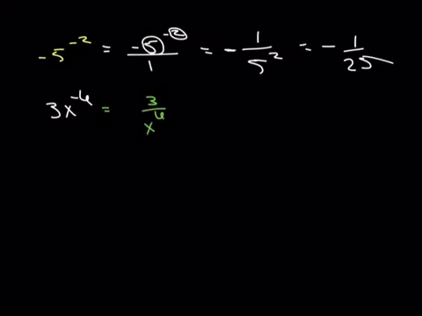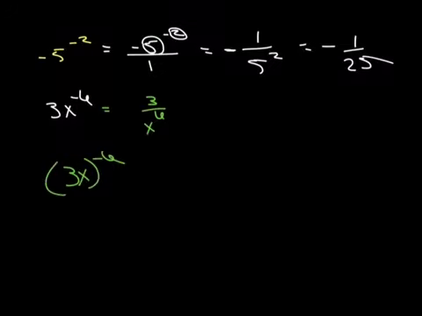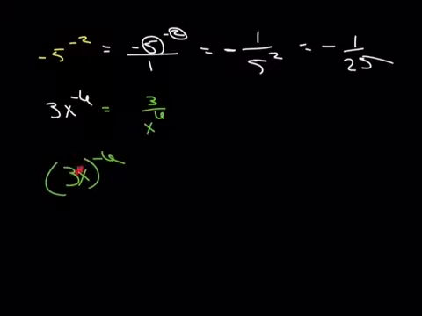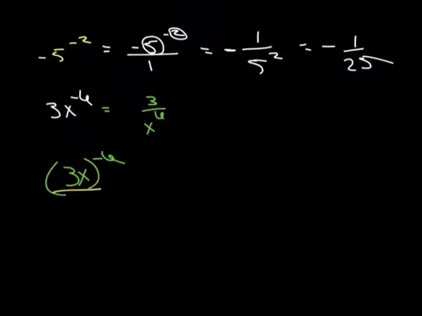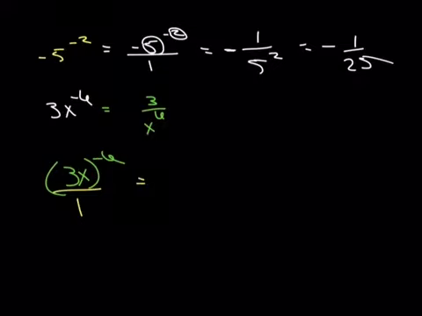Alright, so let's look at 3x in parentheses to the negative 6. So what does that mean? That means whatever's left, which is going to be everything in the parentheses, that's what the parentheses mean, and the 6. So that means everything is in the wrong place. So let's make that into a fraction, and the 3x and the 6 are in the wrong place, so we're going to move them here, and they're going to be under 1.